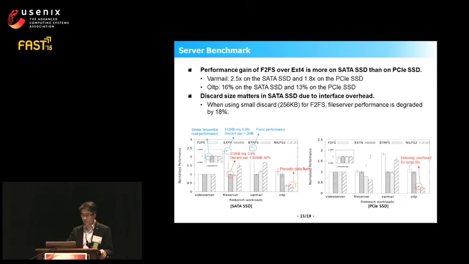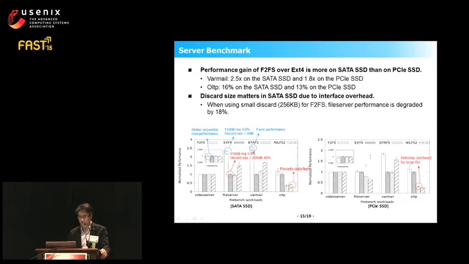And one more thing to note is disk card size matters in SATA SSD because it has a lower interface speed. So F2FS has more than 2 megabyte size disk card in most cases. But if we change the disk card size to 256 kilobyte, then the performance is degraded by 18% compared to its original performance.